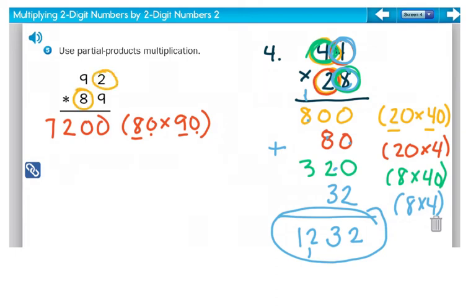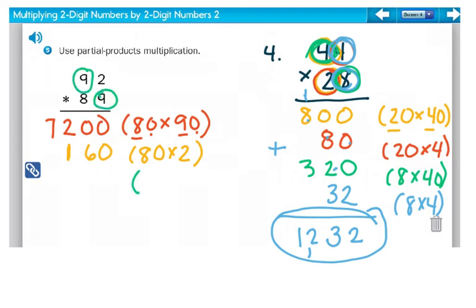Now I'm going to take the value of the 8 times the 2. So I have to multiply the 8 by each of those numbers up on the top. So I'm going to take 80 times 2, which is 160. Notice how I'm lining up my numbers carefully, because the value of that 1 was 160, so it's not in the thousands place. Now I'm going to multiply the 9 times the other 9.